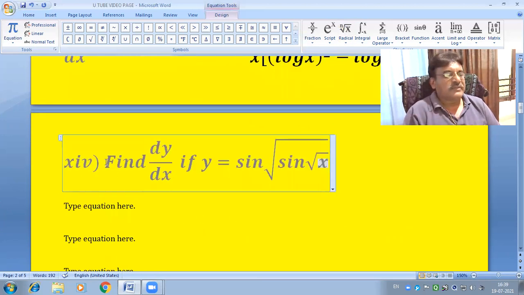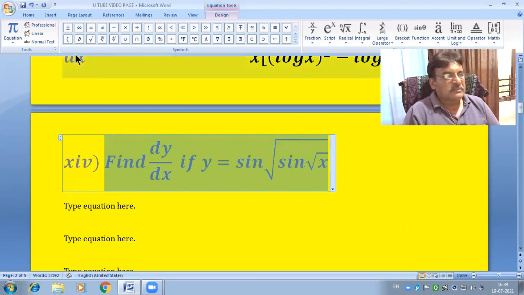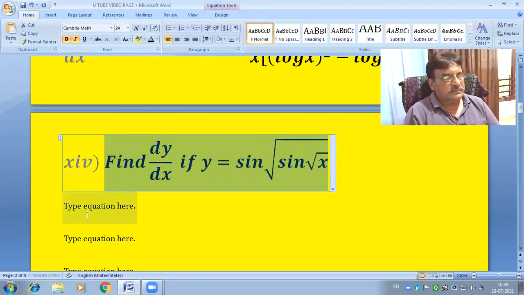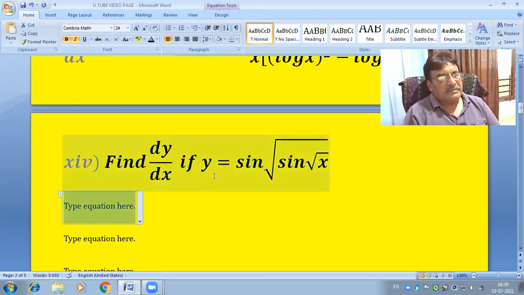Now find the derivative of this function, that is, find dy/dx if y = sin(√(sin √x)).